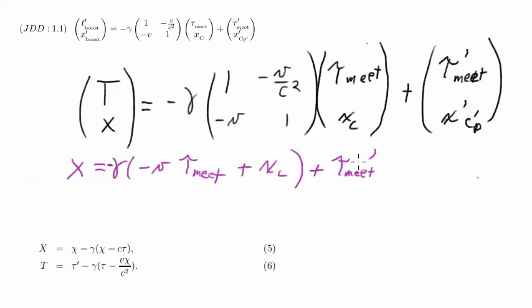How does that compare? Oops, I'm mixing lines. Hold on. X equals negative gamma times negative v tau meet plus 1 x sub c plus, okay, I just goofed one spot, plus x prime c prime. So this is the coordinate of the c prime. So that is this equation here, or is it?